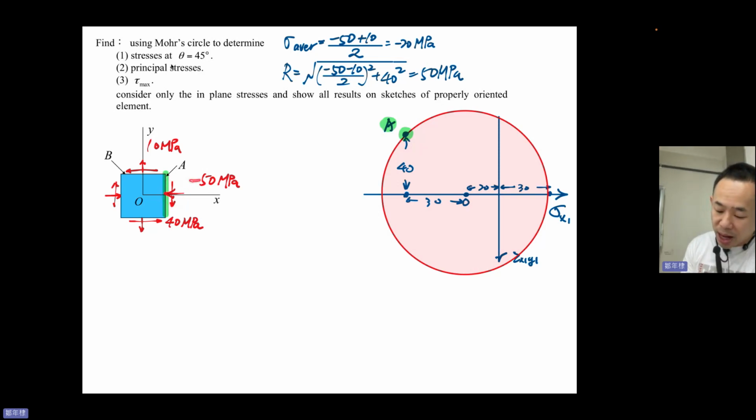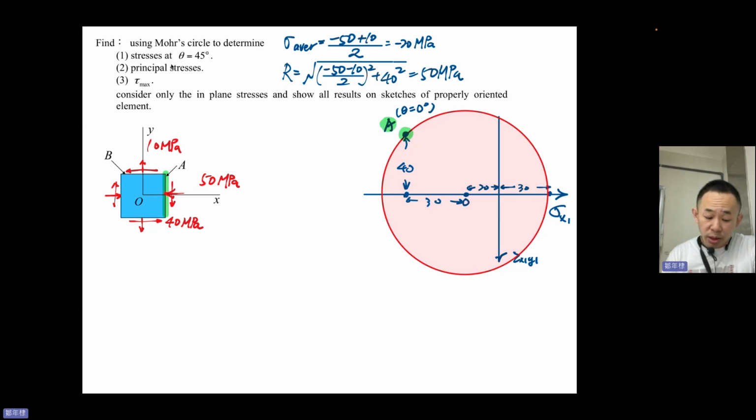So here is minus 50 and minus 40. So minus 50, 20, 30, right? And minus 40. So you can set point A here. And point A represents theta equal to 0 degree in the real world. Okay.